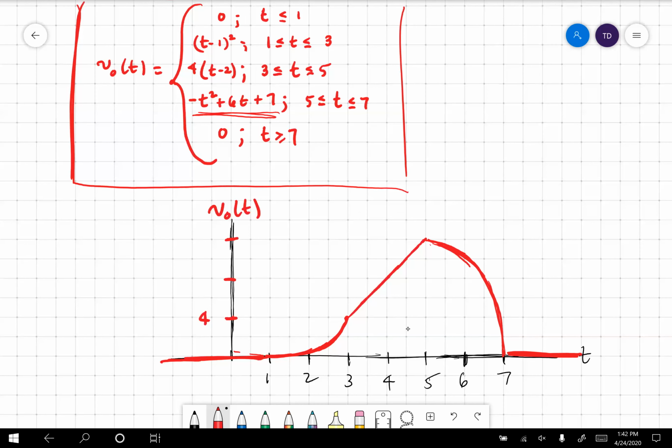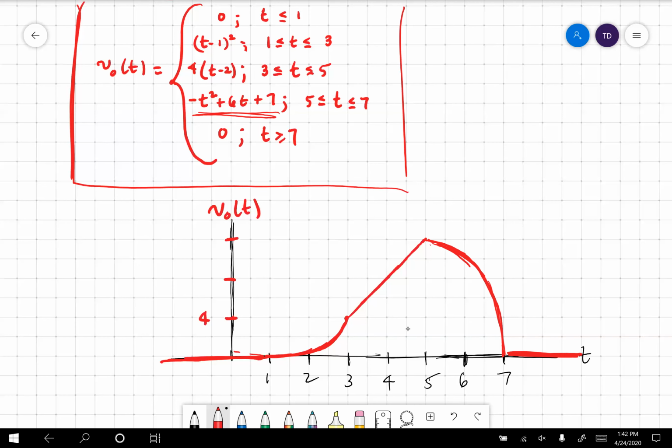I would ask you this question to ponder. Have you seen anything like this kind of function that we're staring at right now, that we've taken the Laplace transform of? Or that we know its Laplace transform?